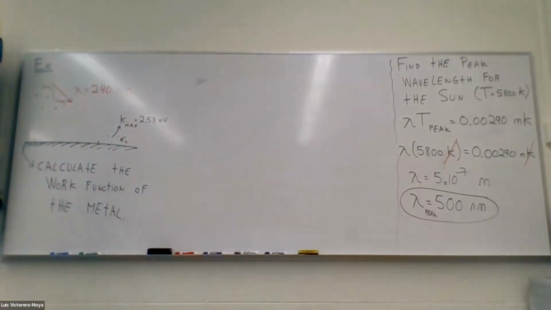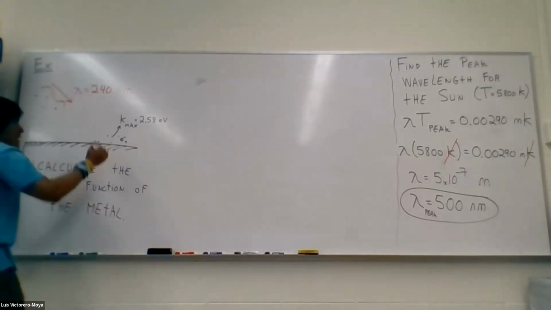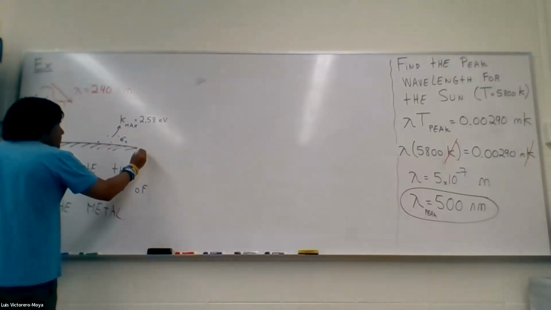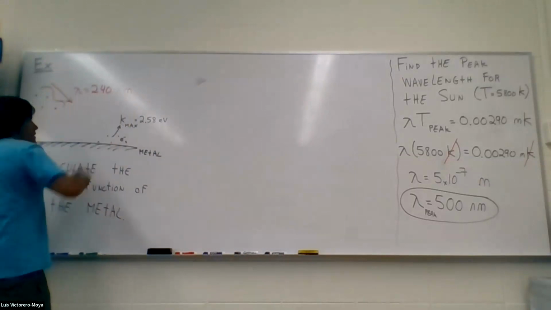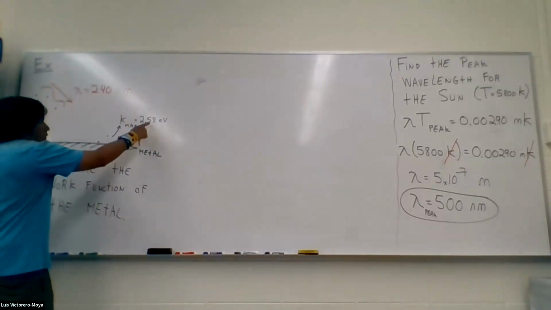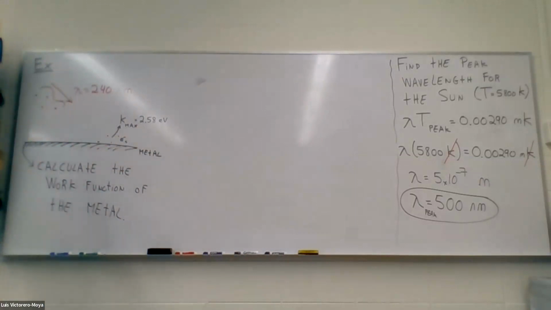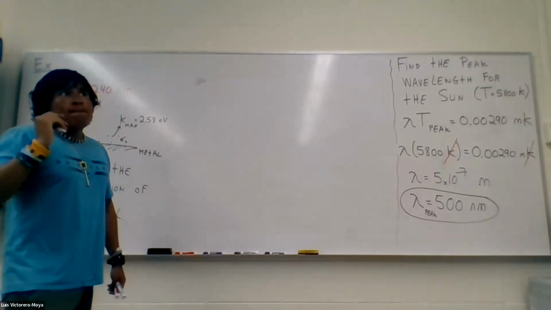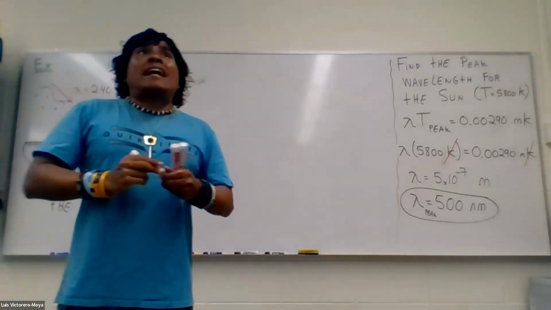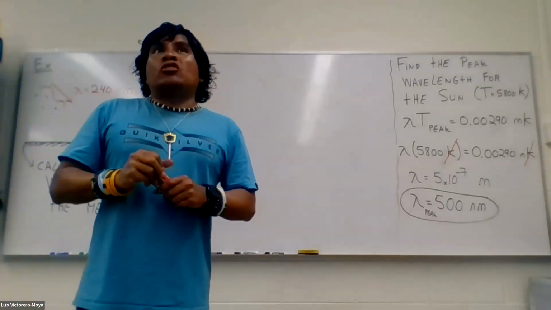What are you being given? You're given the wavelength of the beam of light that is striking this metal, and it's ejecting these photoelectrons. Now, the photoelectron energy is in electron volts. So I would suggest finding the energy incoming from light in electron volts.